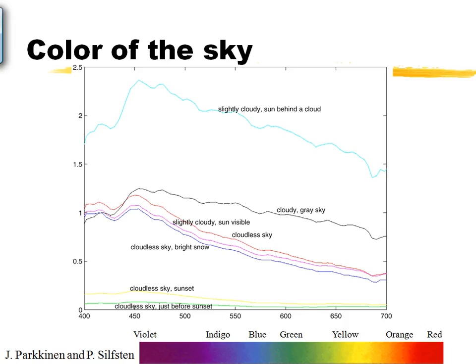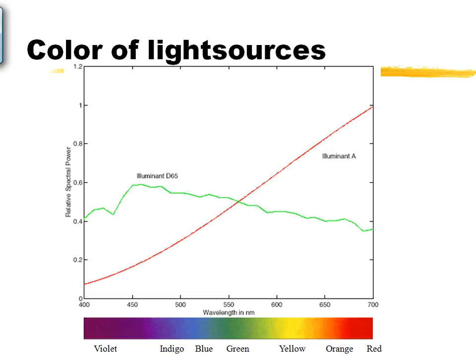Different objects interacting in different ways, the different amount of light getting absorbed, and so on and so forth. Now, we can do the same thing in terms of illuminance. Different sources of light. So, for example, I may have a particular illuminant which may have a spectral profile that looks like that, a red color. But I may take another illuminant and it may have a completely different profile.